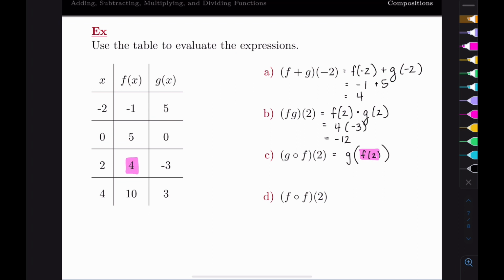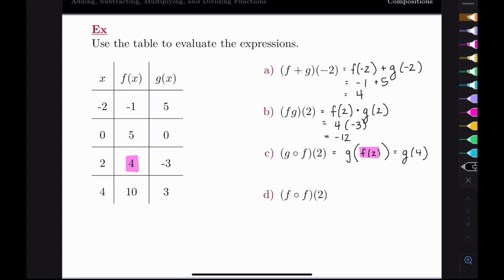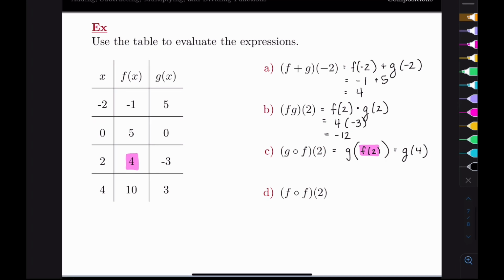Well, when I plug in x is 2, f of 2 is 4. So this is really saying evaluate g of 4. Then from here, I use the chart again. When x is 4, g is 3. So this ends up equaling 3.